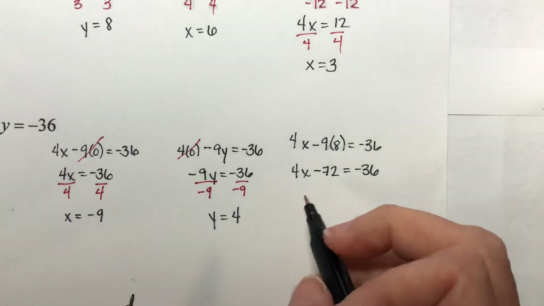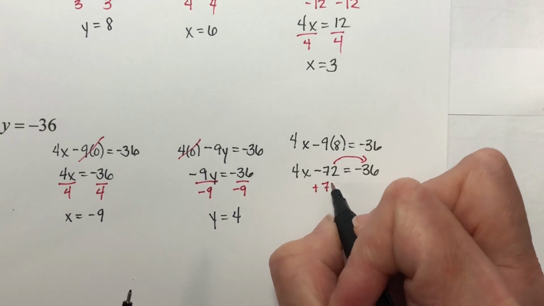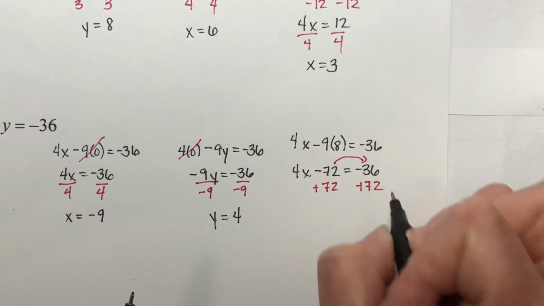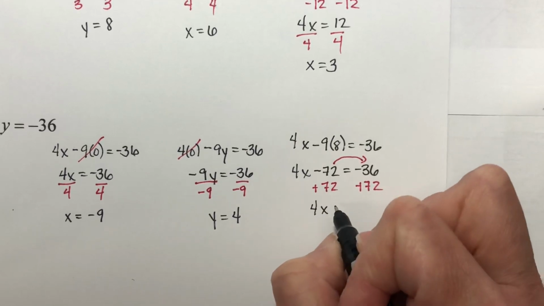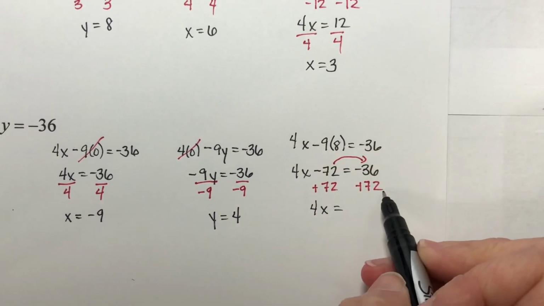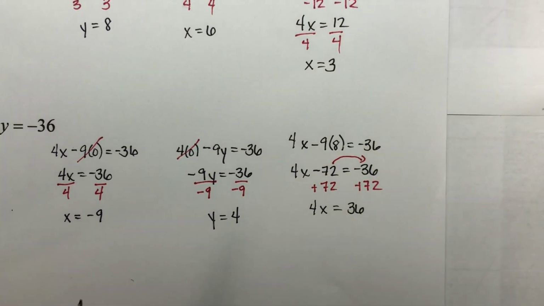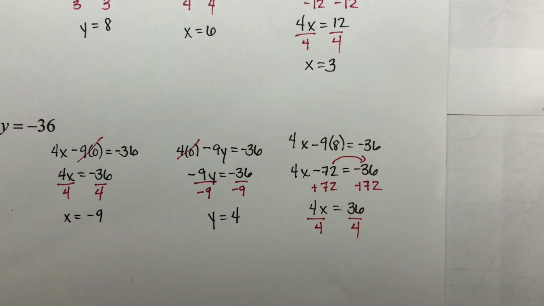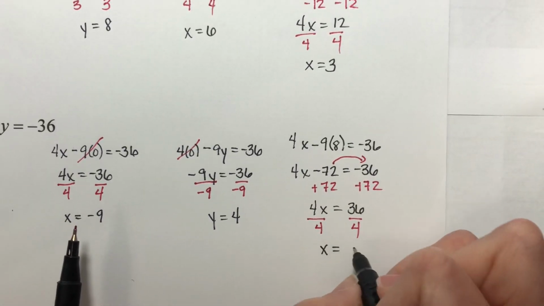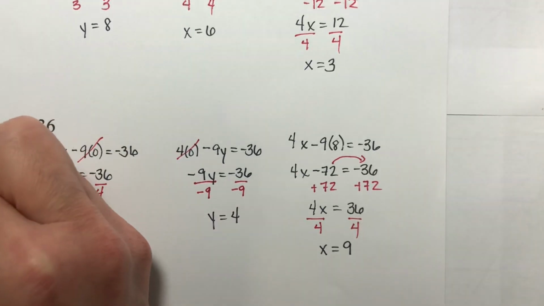I want to get the x by itself, so I'm going to move the 72 over to the right by adding 72 to both sides. And I get 4x is equal to negative 36 plus 72, which is positive 36. And now divide both sides by 4 to get that x must equal positive 9. So a positive 9 would go in this position right here.